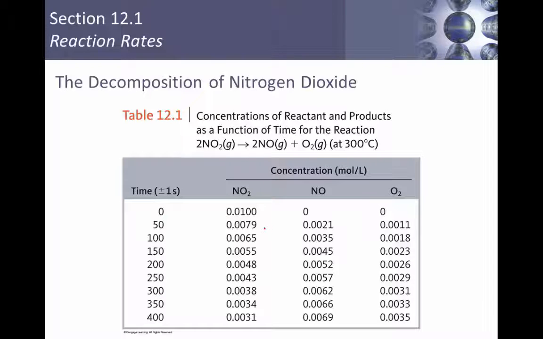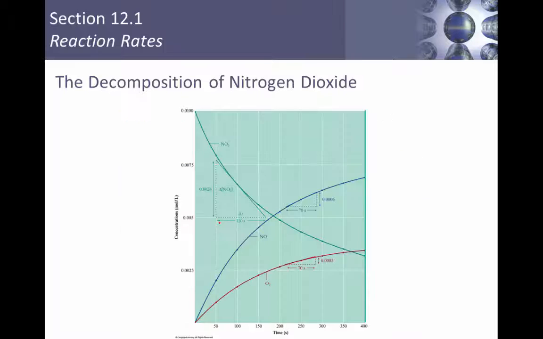Let's graph each of these substances so that we can show the concentrations that are decreasing and the concentrations that are increasing. Here's a graph of each of those concentrations. The NO2 that's decomposing is decreasing, and the products, the NO and the O2, are increasing.